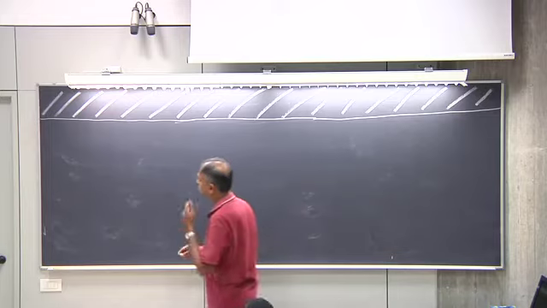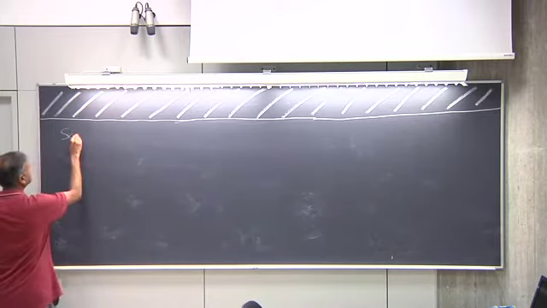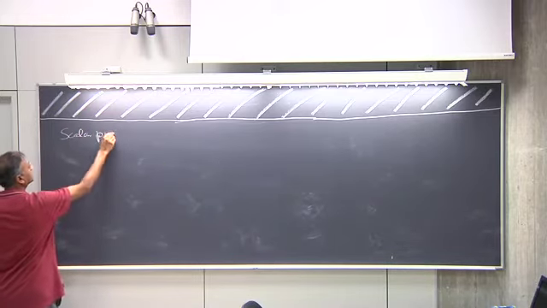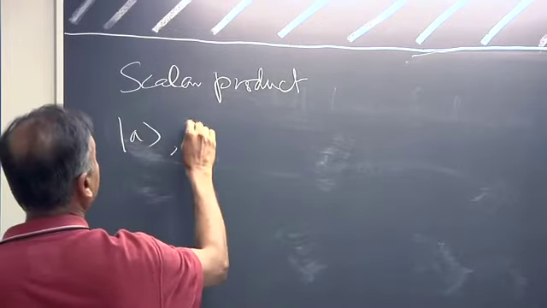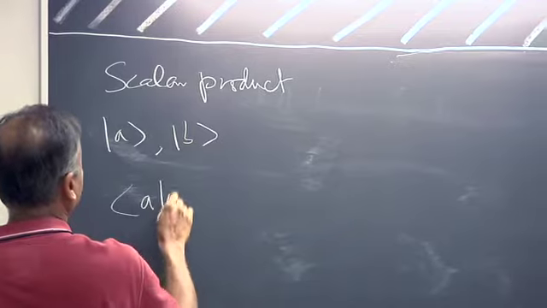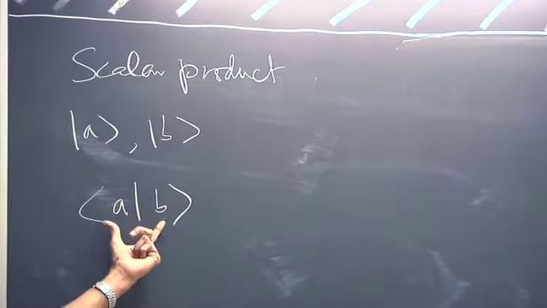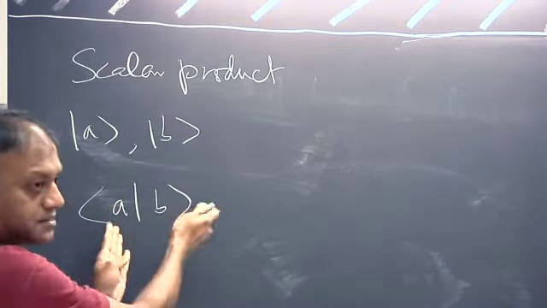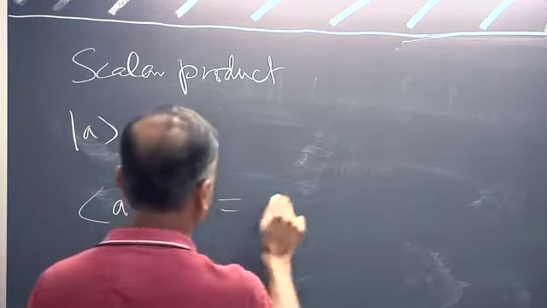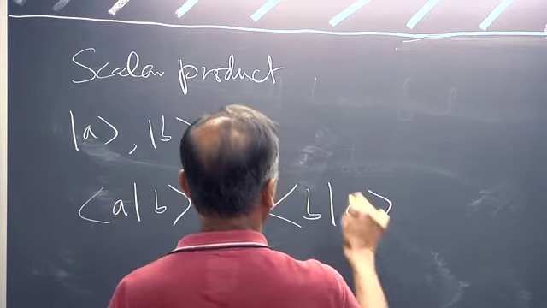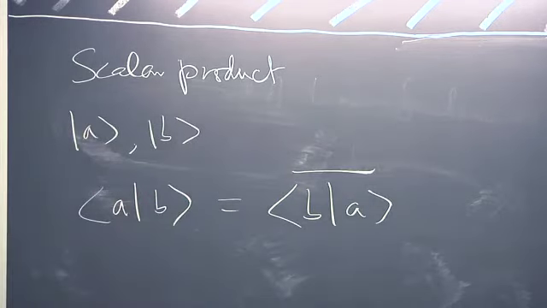Okay, so the scalar product, the main property was, for any two vectors A and B, this was a complex number. This is just a notation. It's a scalar product between A and B. It's a complex number which satisfies the condition that <A|B> is the same as the complex conjugate of <B|A>. There was one thing.